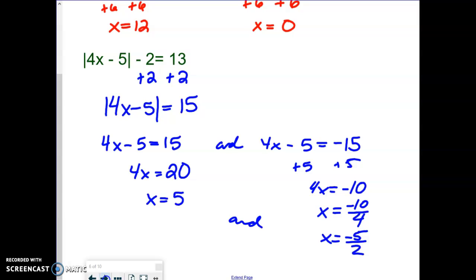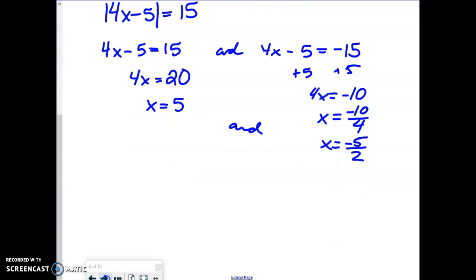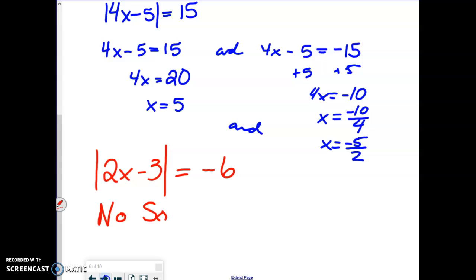So there's one other situation that I want to show you before we do absolute value inequalities that's important to know about absolute value equations. So this absolute value equation has no solution.